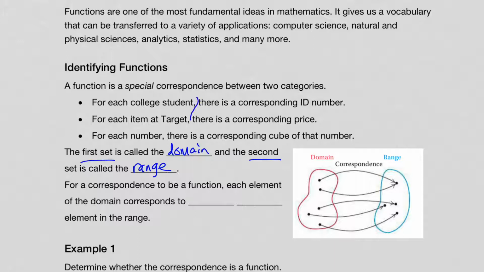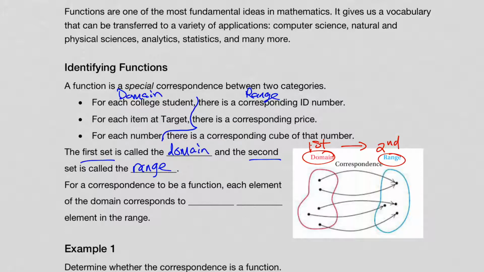So we can split this up. So it'll be domain over here, and over here would be the range. Okay. And then if you look at the diagram to the right, we can see that we have domain is the first concept, which corresponds to the second set of numbers or ideas that we're going to call the range.